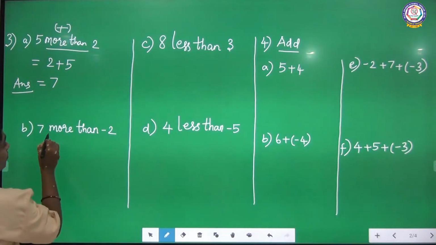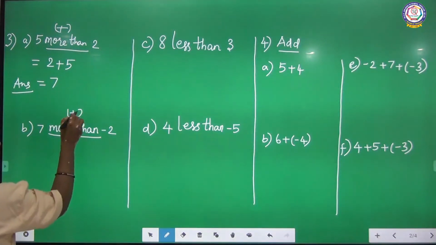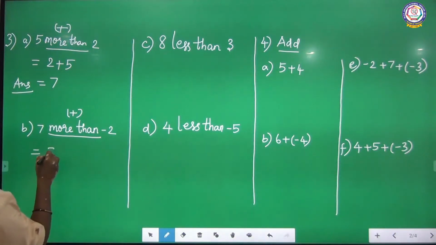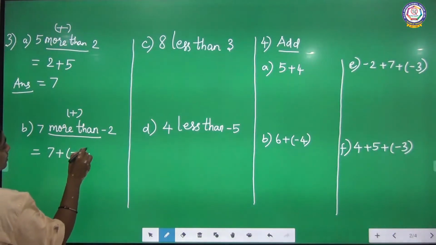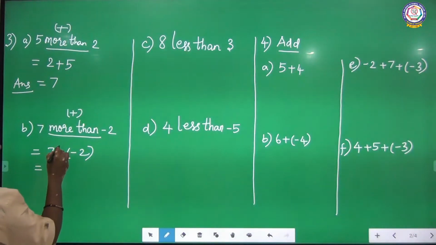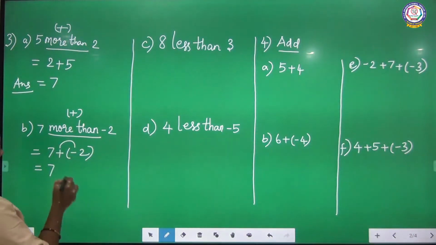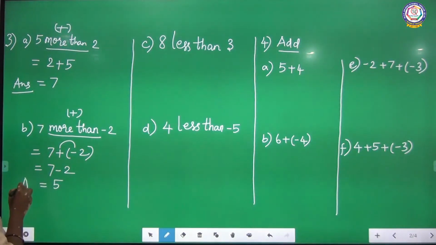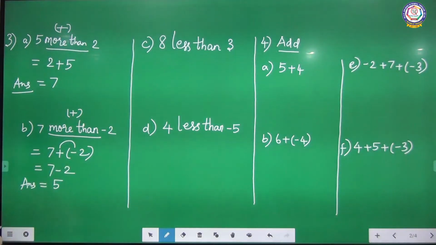Now, 7 more than minus 2. I know that more than is plus. So, 7 plus of minus 2. So, 7 plus into minus, minus 2. So, the answer is 5. What is my answer? 5.